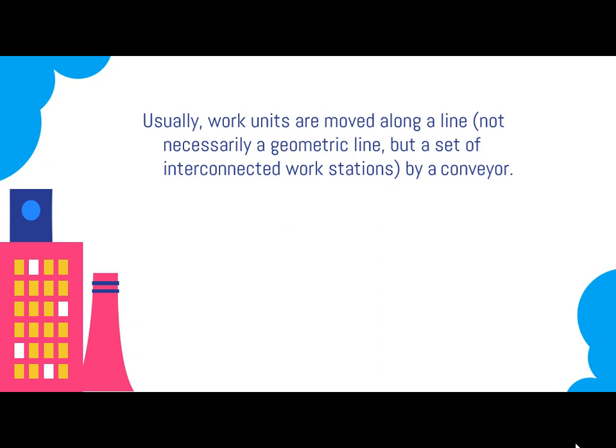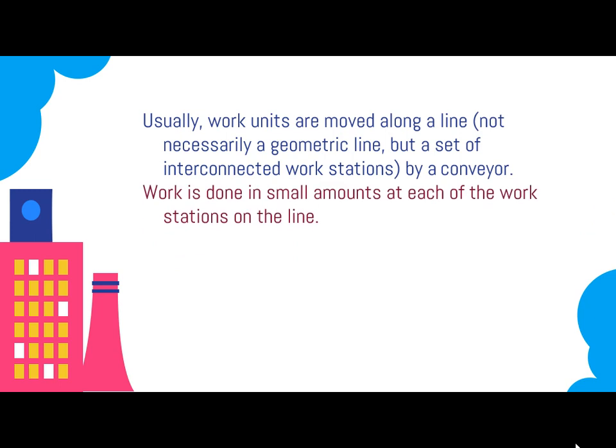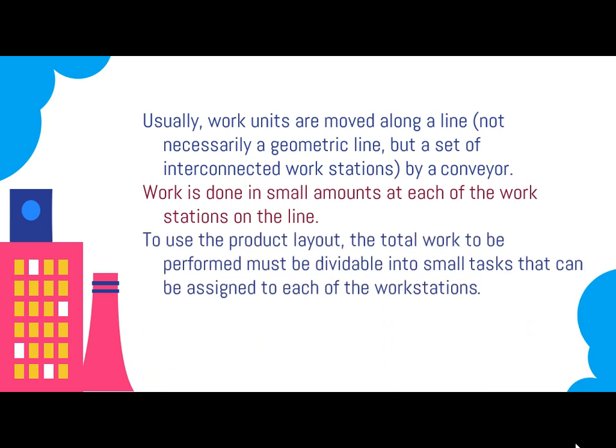Usually, work units are moved along a line that is not necessarily a geometric line but a set of interconnected workstations. So, work units are moved along a line by a conveyor. Work is done in small amounts at each of the workstations on the line.